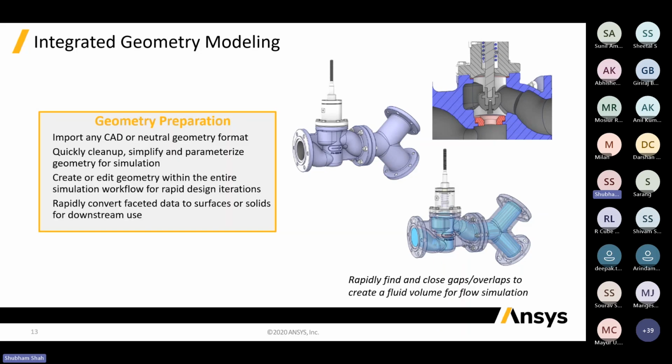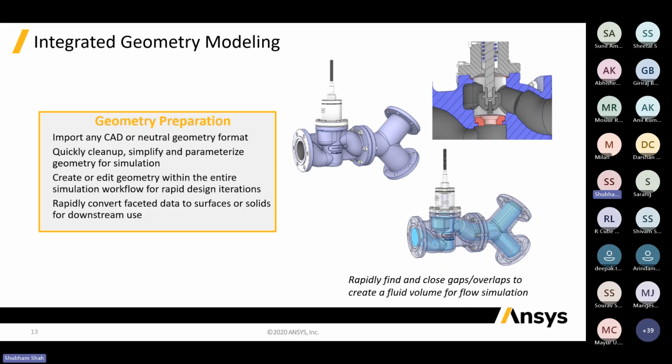If import support is available, you can create or edit geometry within the simulation workflow for rapid change of designs, and you can rapidly convert facet data to surface or solid.